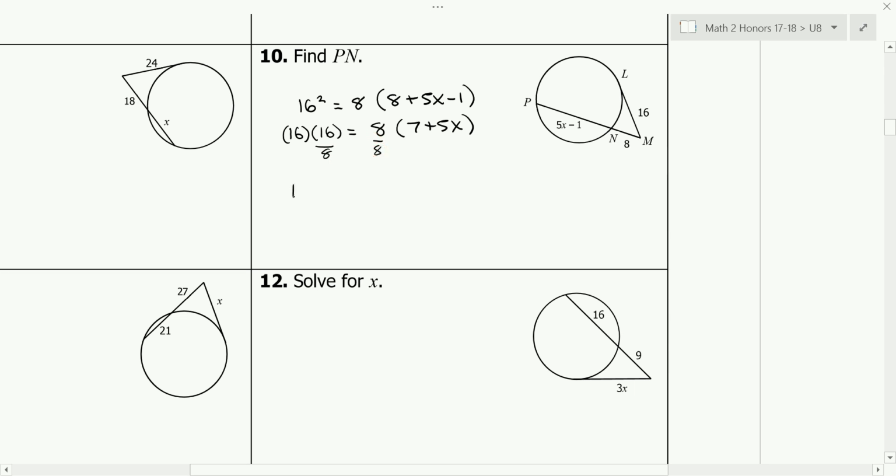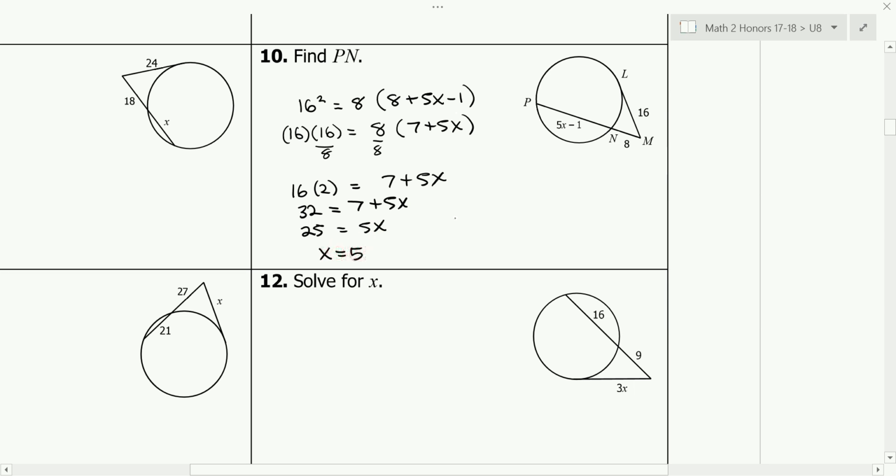And so I end up with 16 times 2, which is easier to work on, is 7 plus 5x. And so that's 32 is 7 plus 5x. Subtract 7 from 32, you get 25. And then divide by 5 and you get x is 5.